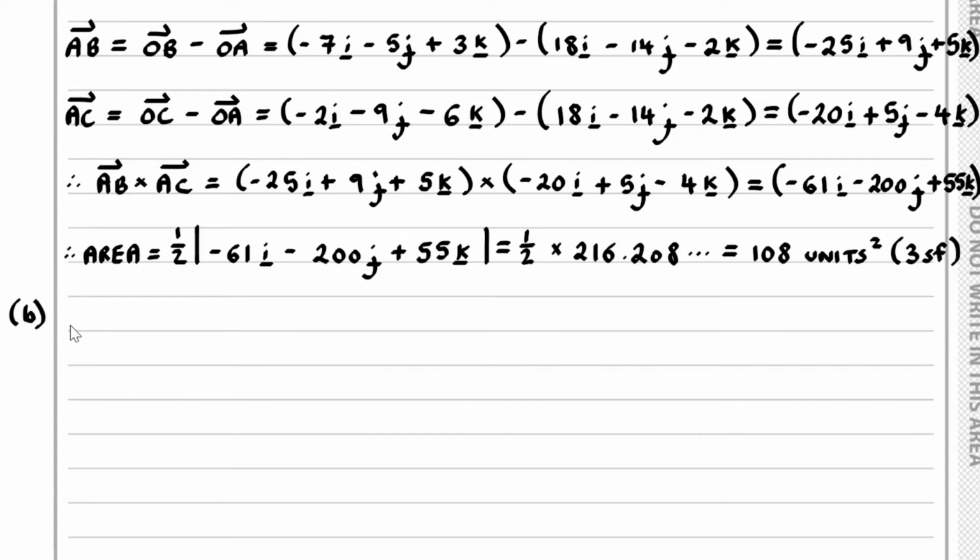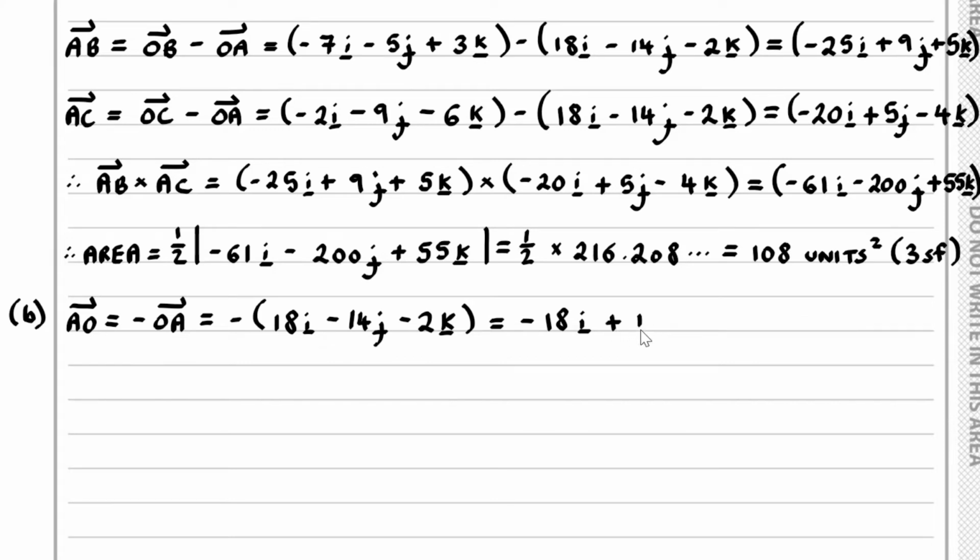For part B, the vector AO is equal to the vector minus OA. So we have minus the vector OA. So we've got minus, and then in brackets 18i minus 14j minus 2k, which is minus 18i plus 14j plus 2k.